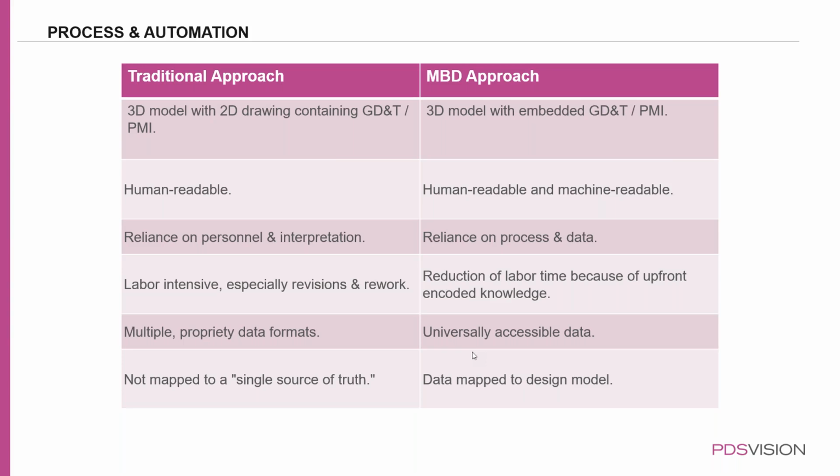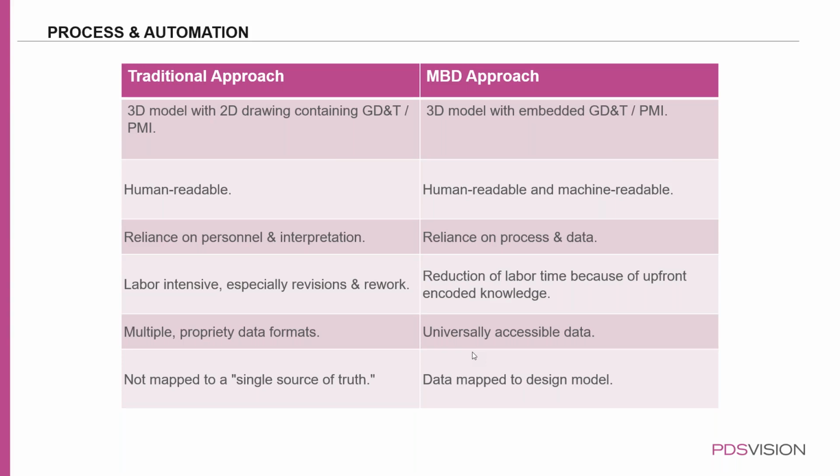With the model-based definition approach, you can use the GD&T advisor to tag it directly to the 3D model which you have already created. Also, 2D is human readable, whereas model-based definition is machine readable.